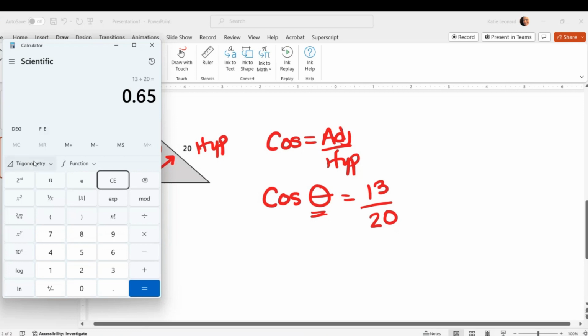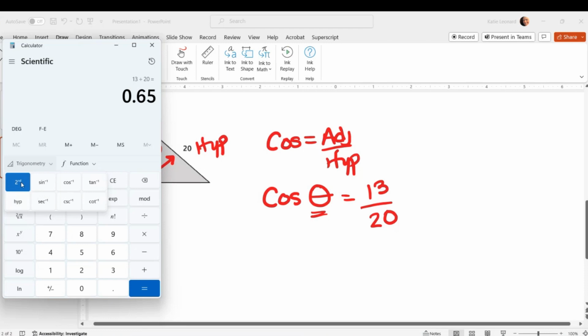Then you're going to go to your trig function button. You're going to hit second. And when we hit second, you can see you get all of these functions, but they have a -1 right next to it as an exponent. That's how we're going to denote that we're doing the inverse or the opposite.